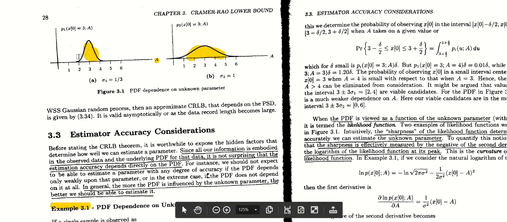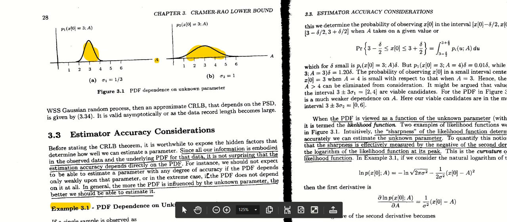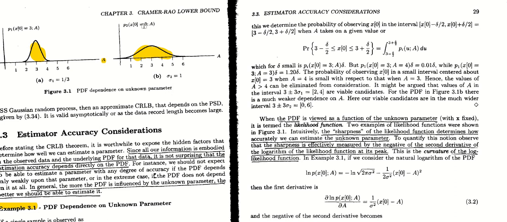For a PDF, when you integrate over its domain, it has to be 1 because the total probability is 1. But for a likelihood function, it may not be 1.